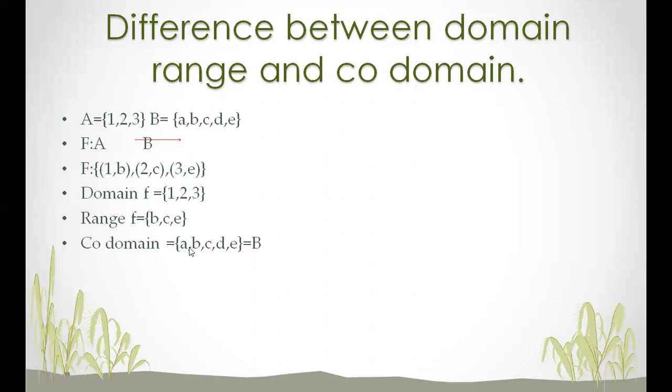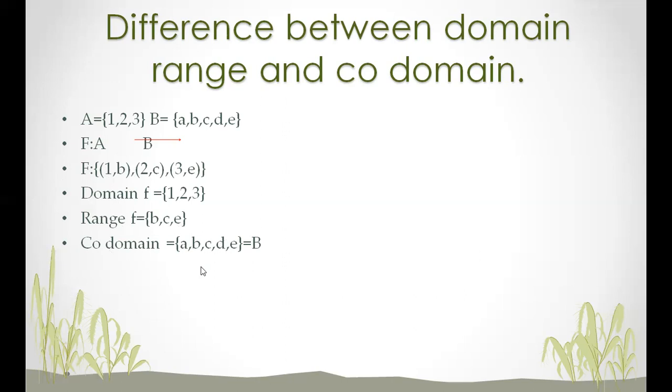So the codomain is {A, B, C, D, E}. Now you must make the difference between these three terms: domain, range and codomain. In the domain, we write all the first elements of the function's pairs. In the range, the images in which domain elements are mapped, the images of the domain, form the range.